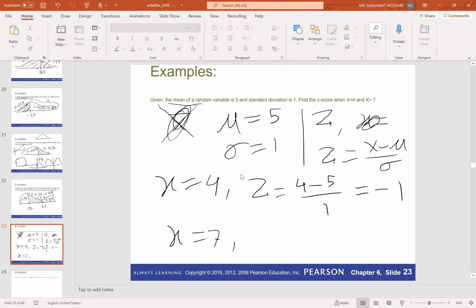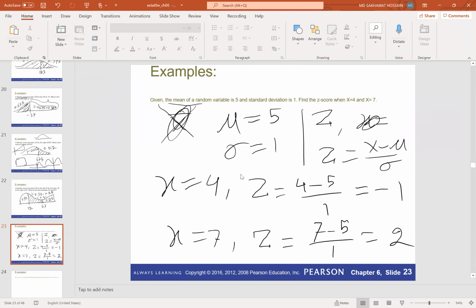So this is -1. And similarly, the z-score corresponding to 7 is 7 minus 5 over 1, which is 2.